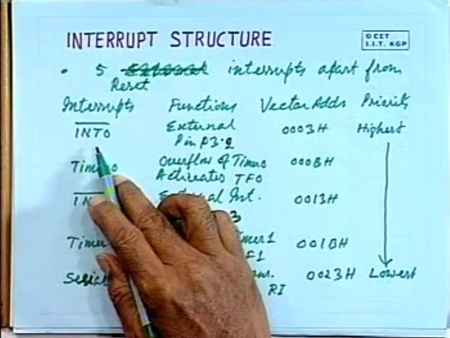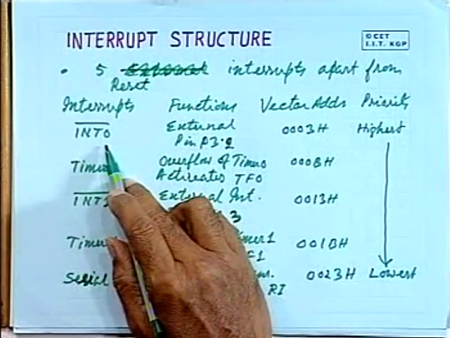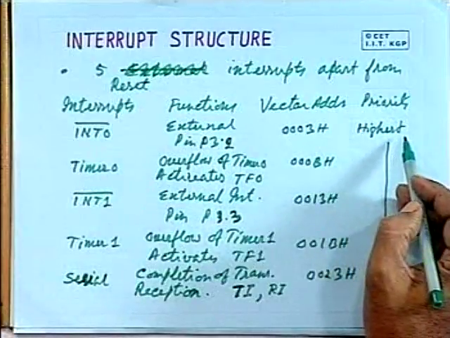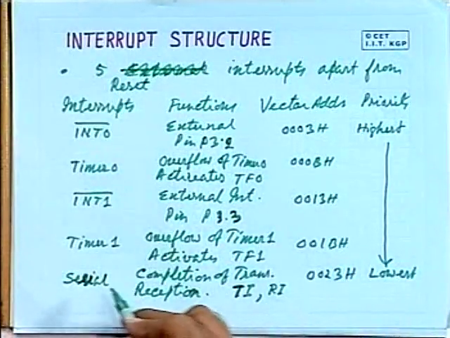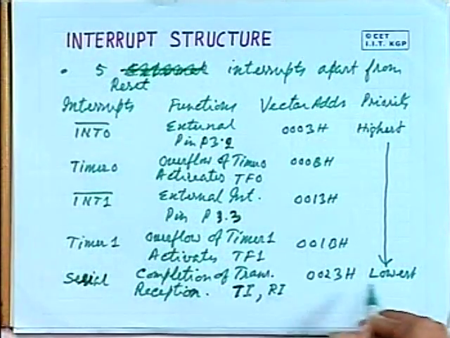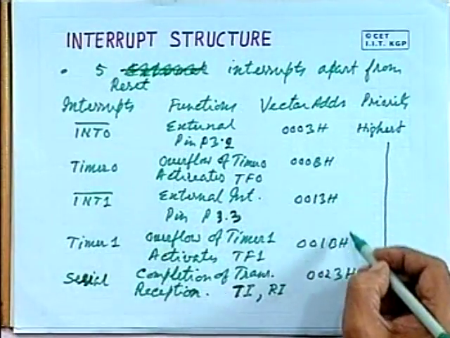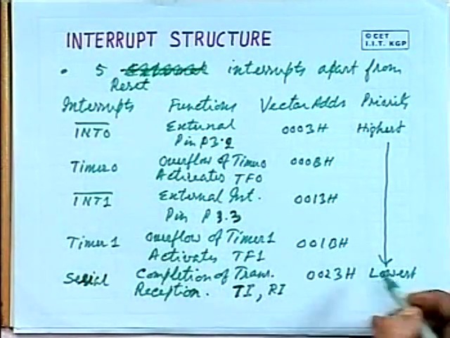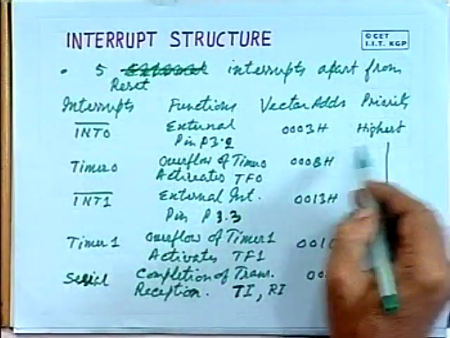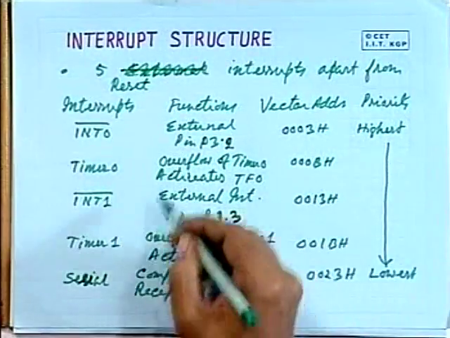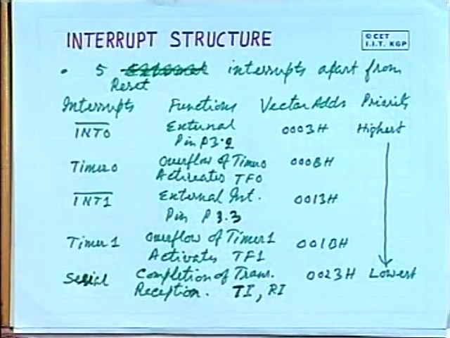The external interrupt 0 has the highest priority, and this serial interrupt has the lowest priority. That means timer 0 has the next highest, interrupt 1 has the next highest, and so on. So this is how the interrupt varies.